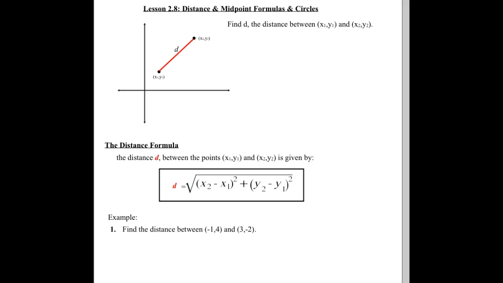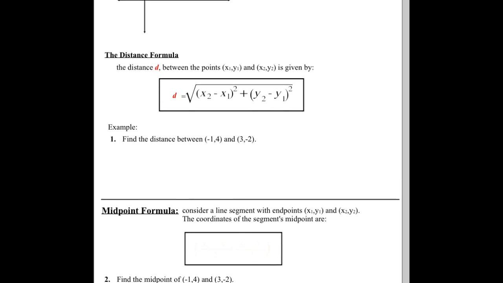Underneath that square root symbol, we have the quantity x2 minus x1 squared and the quantity y2 minus y1 squared. We add them together before we square root the whole thing. Take a minute, double check that you've written that one down correctly.